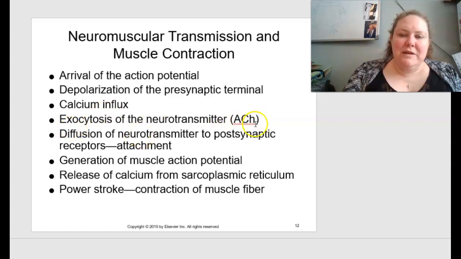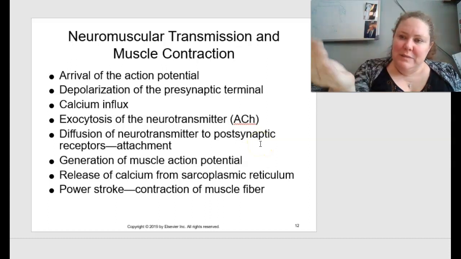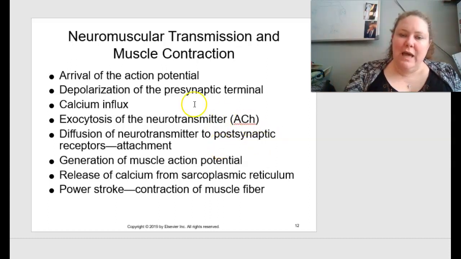Then this neurotransmitter, acetylcholine, is going to diffuse or travel to the postsynaptic receptors. So again, look for those root words, postsynaptic. That's after the synapse, there is a little area and there are receptors there, and those are called the postsynaptic receptors, and these are going to be those attachments. And then we have a generation of a muscle action potential. So it's like, yep, we have all the checkpoints in, let's fire up the engines, guys.